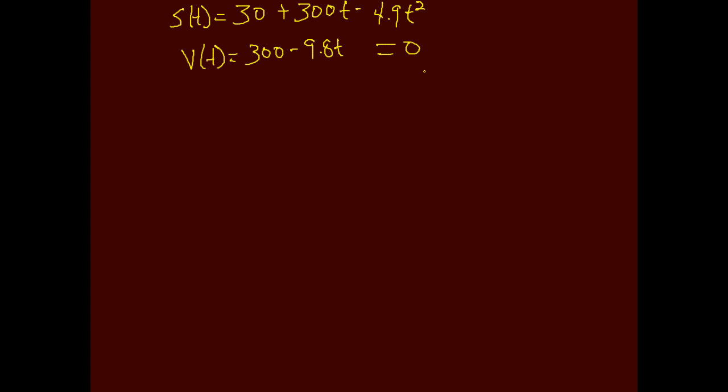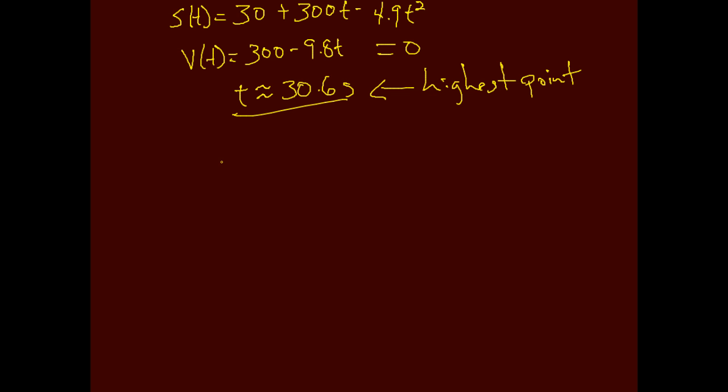And so that happens when we have 300 divided by 9.8, which is, let's say, approximately 30.6 seconds. Okay, so this is the time that it's at its highest point. And so we want to evaluate our position function at its highest point.